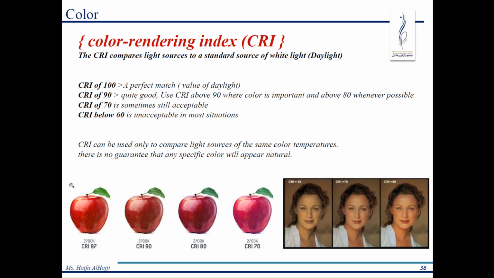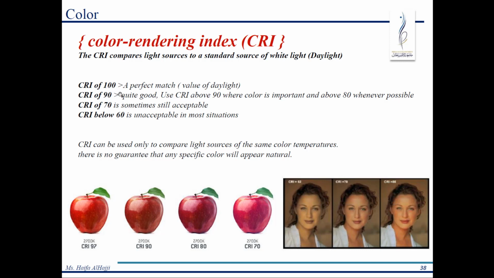As we can see in here, some of the light is missing. I think it's more on the reddish range. Also in here, it's even more on the reddish range. It's becoming more bluish, and also in here, most of the light is missing. So if you compare this one to this one, this one will look almost pink or purple, but it should be red. So the CRI just describes the percentage of light in regards to the value of daylight.